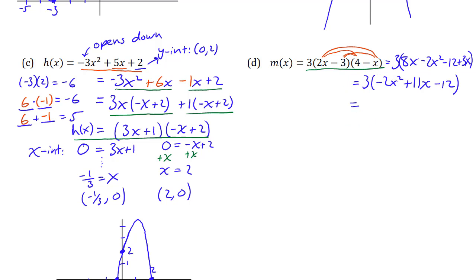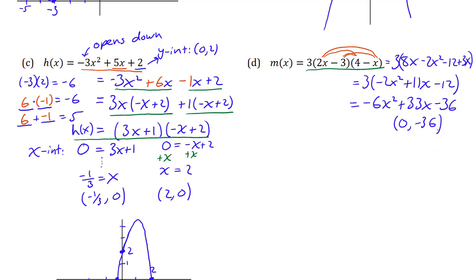So that should give you negative 6x squared plus 33x minus 36. Okay, so let's see what this gives you here. First of all, we have the value of c here is negative 36, which means the y-intercept is 0, negative 36.